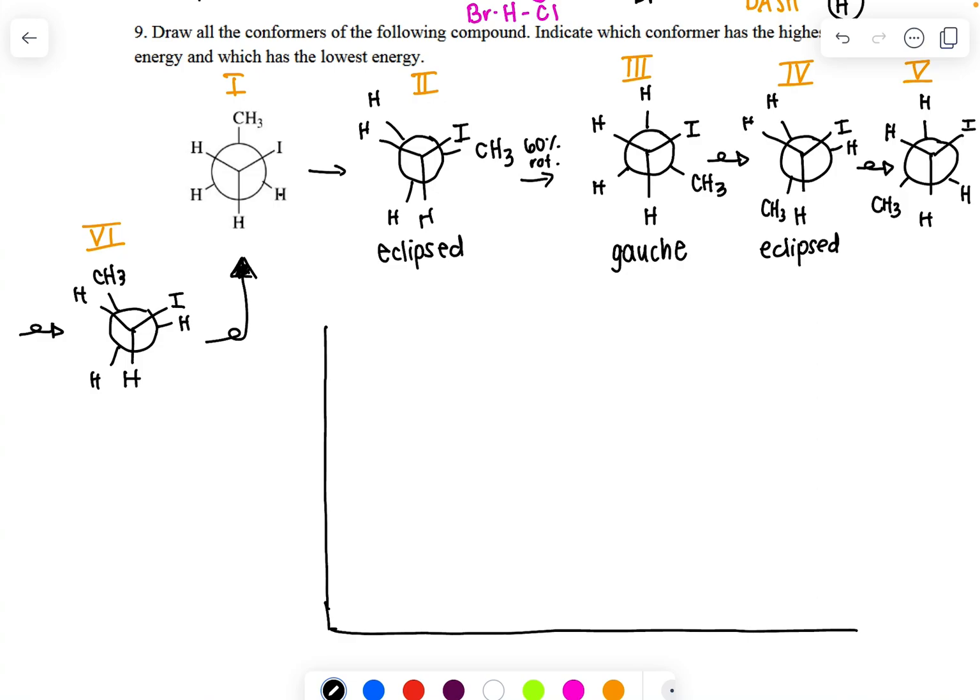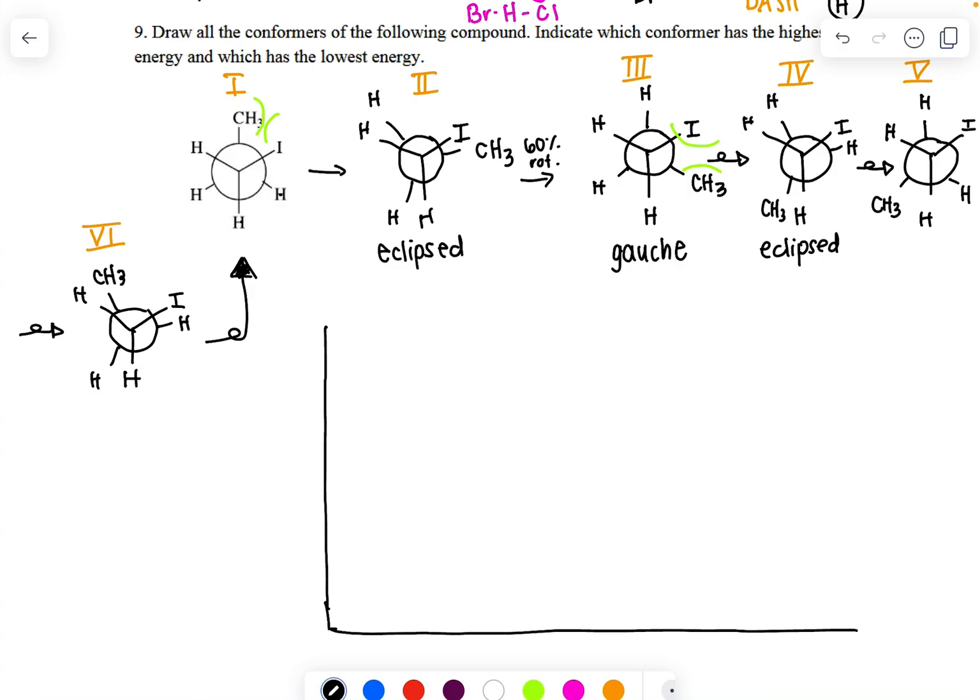So I know that number 2 is the absolute worst. Number 1 is the gauche, where the iodine and the methyl are kind of close to each other. I have that gauche with the iodine and the methyl close to each other in 2 scenarios here. And then I have the methyl and the iodine as far away from each other as possible.